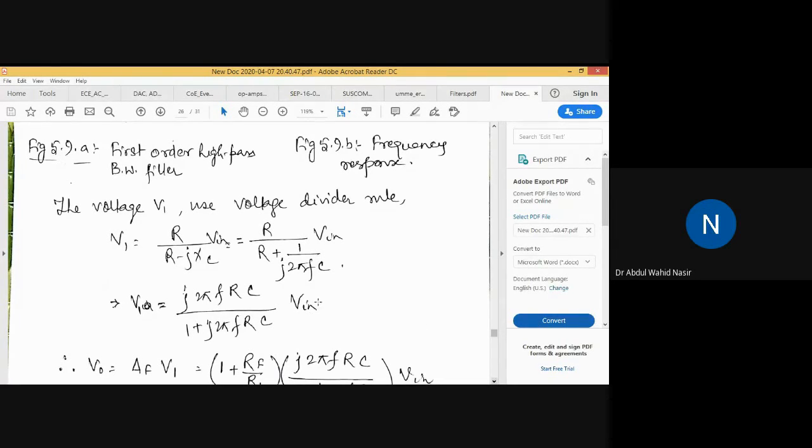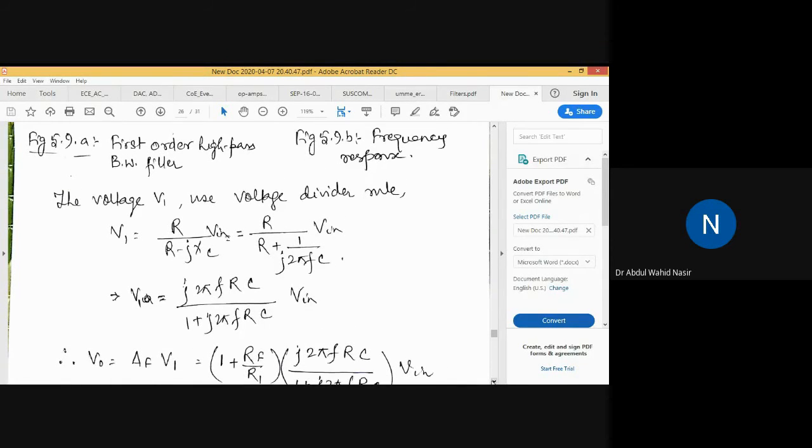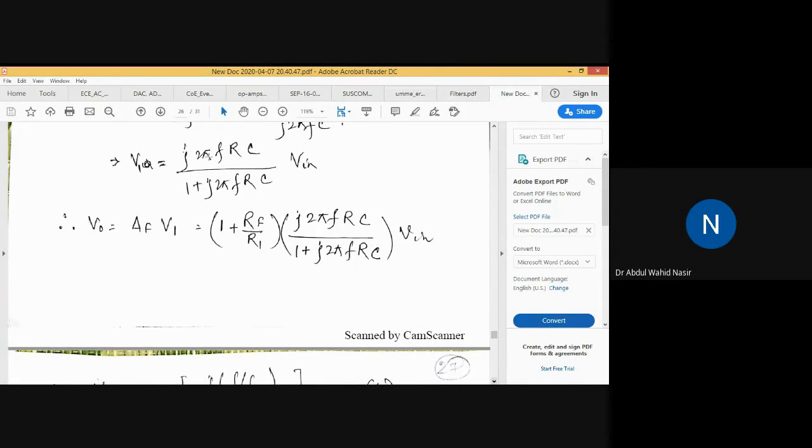So in this way, if you simplify this expression, you can write V1 is equal to j2 pi fRC divided by 1 plus j2 pi fRC into Vin, where this f is the frequency, this R is the resistance, and C is the capacitance.